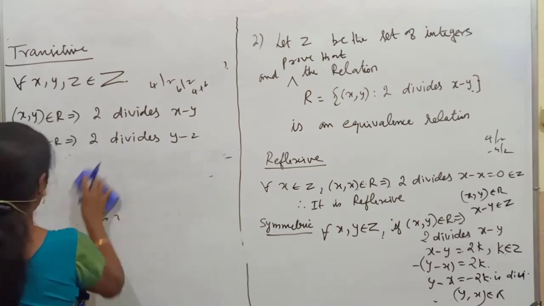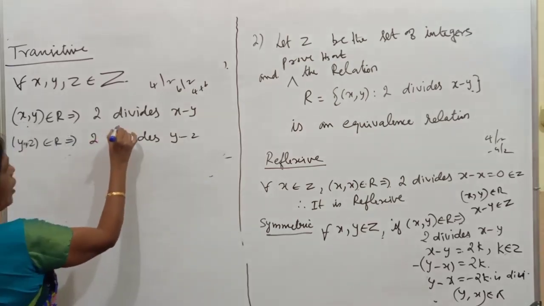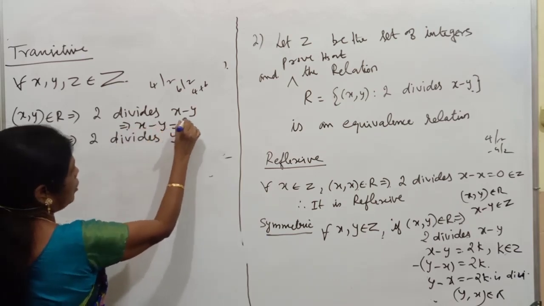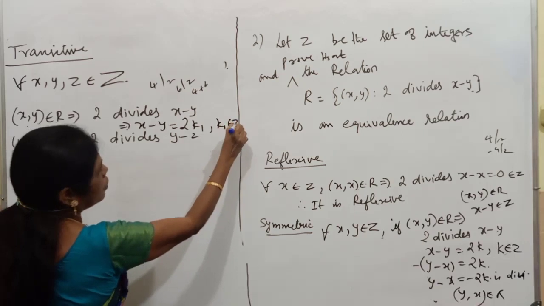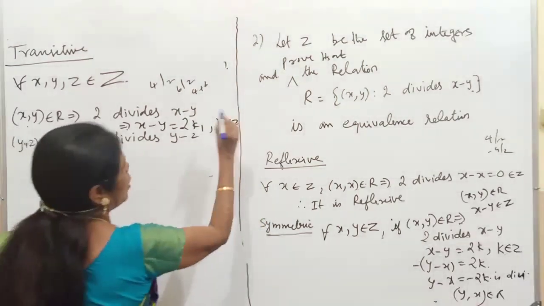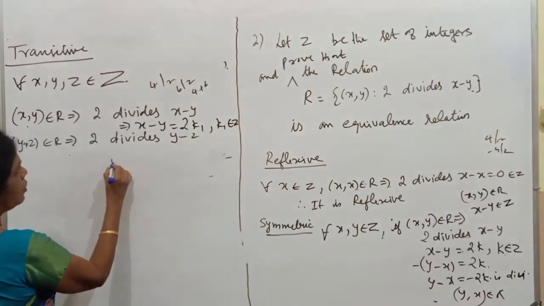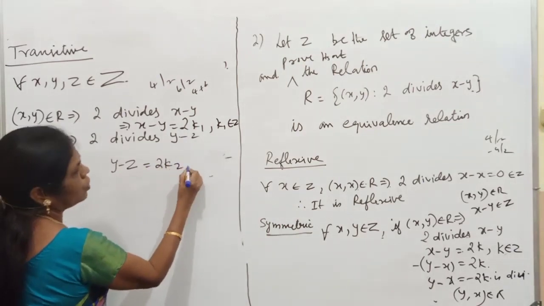This is another way, another method. Now listen. You can say that x minus y equals 2k1, which implies k1 belongs to some integer. Here you can say that this is also k2.